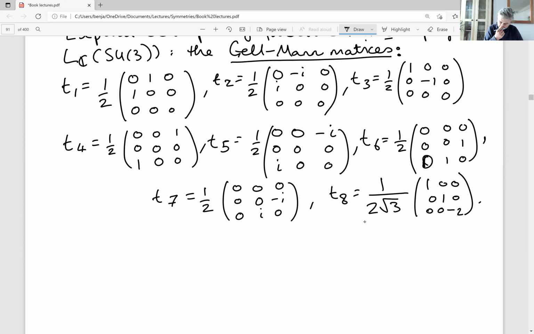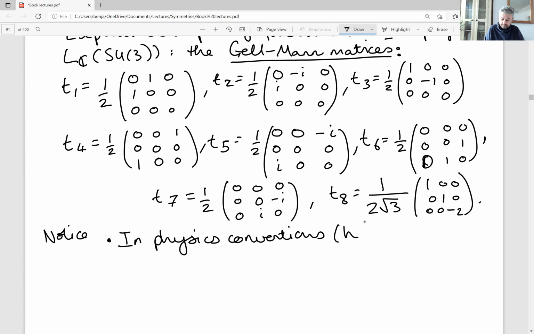Now, so we've got some things to notice, that they're in physics conventions. In other words, they're Hermitian rather than anti-Hermitian. So T3 and T8 are in the Cartan subalgebra. In fact, they are a basis for the Cartan subalgebra.